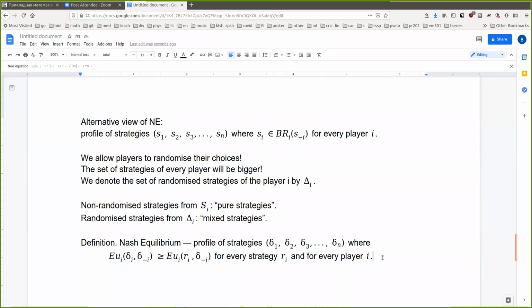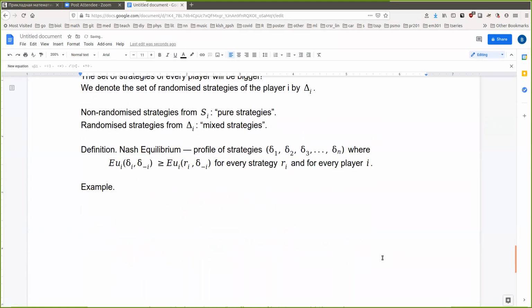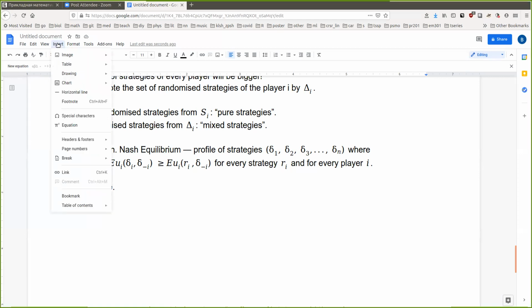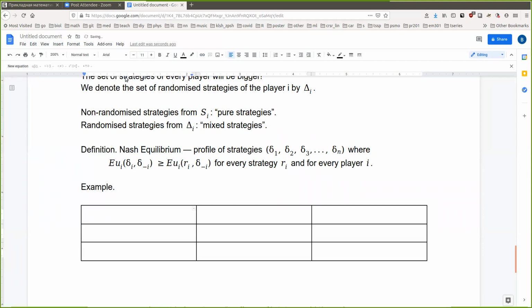So let's consider an example. Maybe it's better, as always, to consider an example. Let's consider what is called a bimatrix game. I will insert a matrix. We have two players.